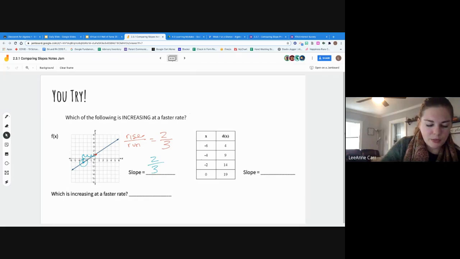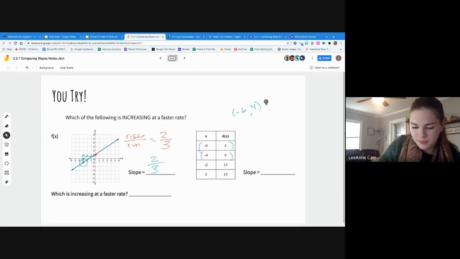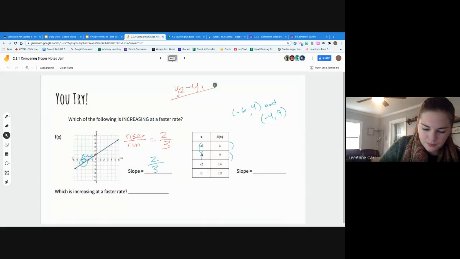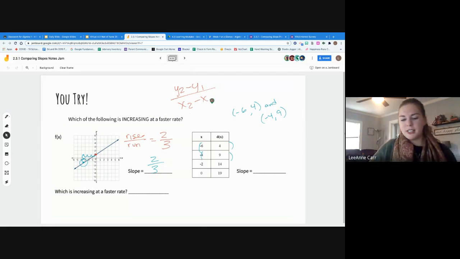Now I want to find the slope of the second. So I'm going to pick 2 random points. Again, I just like to pick the top 2, but you can pick others. And I want everybody to take a moment. I'll even write your slope formula up here, even though you should have it written down somewhere. I want everybody to find the slope between these 2 points. I am going to call on people. Be ready.